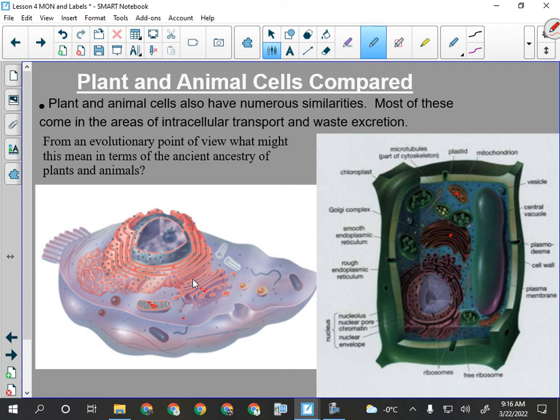And as I said before the other day, it's not just the structural similarities, it's also the processes. They use the same processes to transport materials, to make proteins, to copy DNA, all of that kind of stuff. It's all very similar. Even when it comes down to breaking down the sugars, certainly how they get their sugars is different, but after that, the process of releasing the energy from sugar is the same.